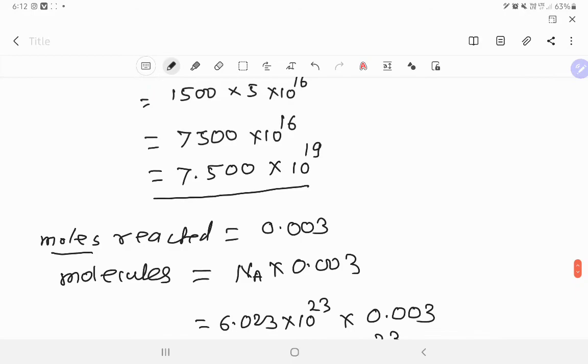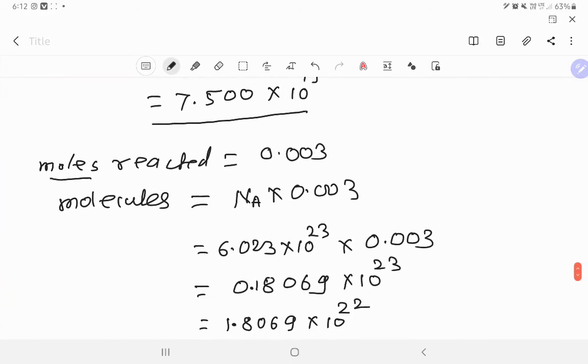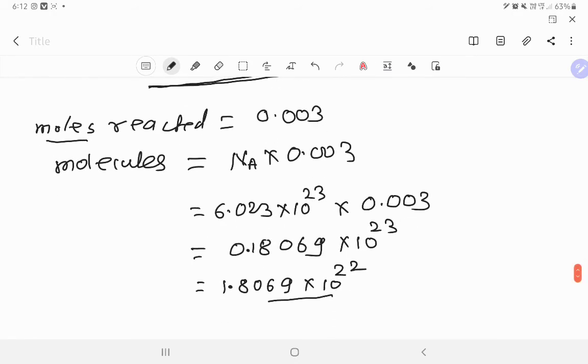Okay. Here we have the number of quanta absorbed. Here we have the number of molecules reacted.